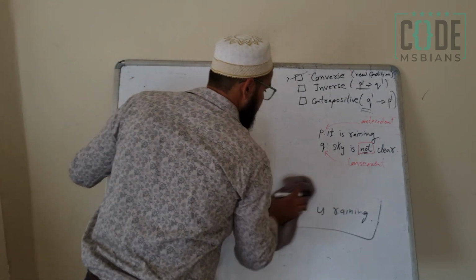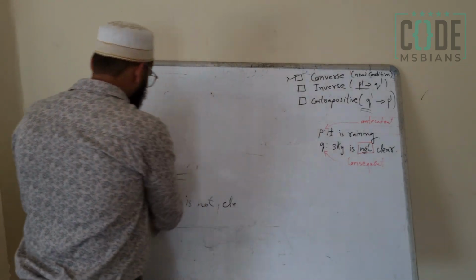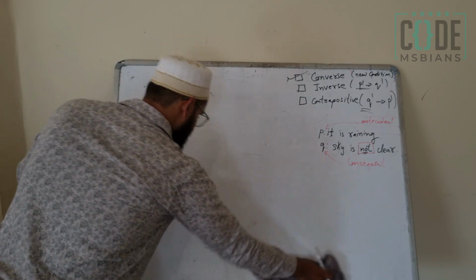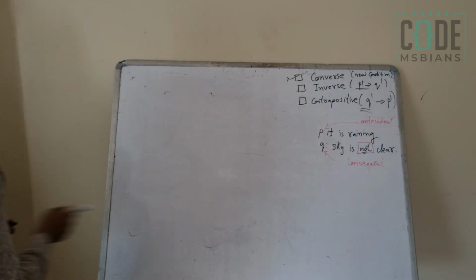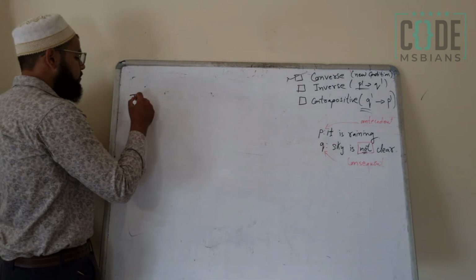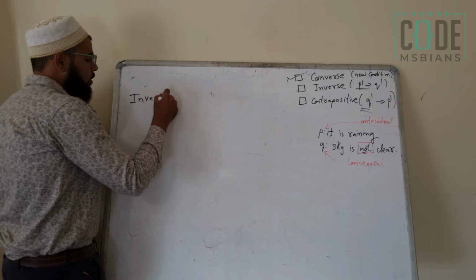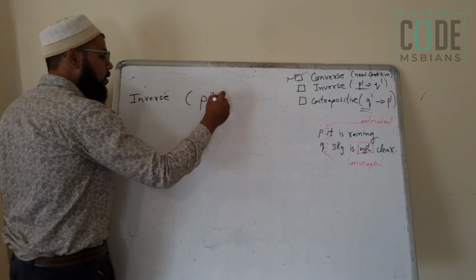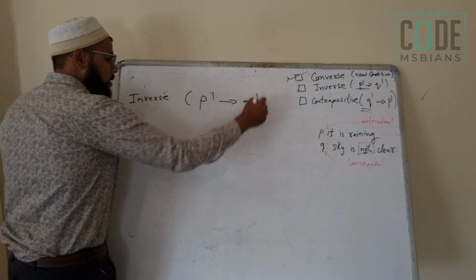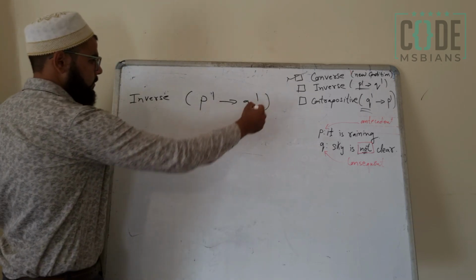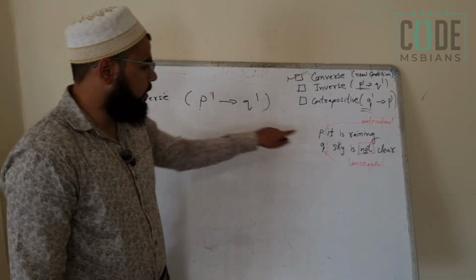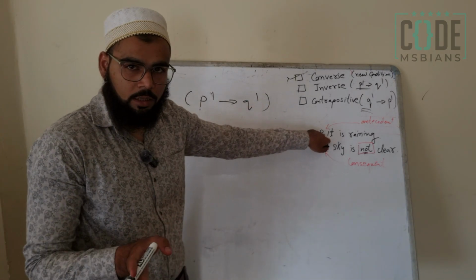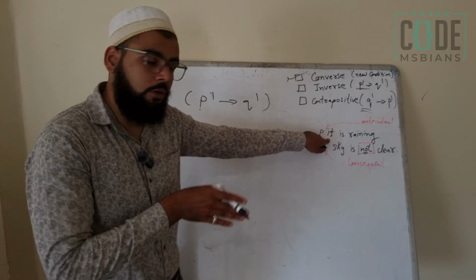Now let's discuss inverse. Inverse is nothing but P complement, Q complement. What is the complement of P? P is it is raining, so the complement of P is it is not raining.